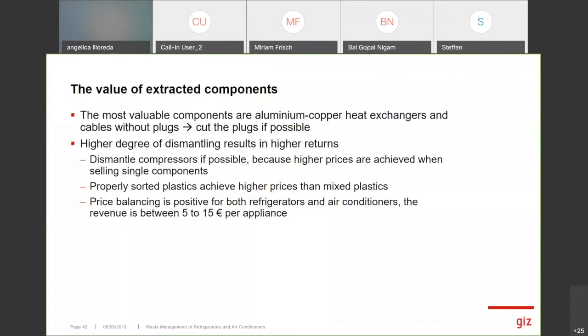So as I mentioned before, it is possible to identify a lot of materials from refrigerators by looking for the specific marking of the plastic components, then separating to receive higher prices. Price balancing in general is positive for both refrigerators and air conditioners, and the revenue is between 5 to 15 euro per appliance.